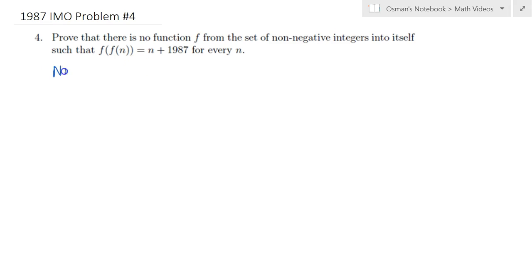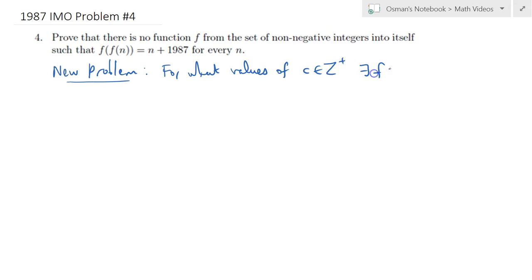So the new problem would be to find for which values of c, recall c are positive integers, there exists a function f from the natural numbers onto itself, including 0 here, such that we would have this condition f of f of n, I replaced the 1987 with c, for n in natural numbers.